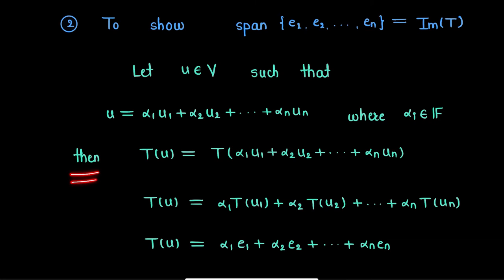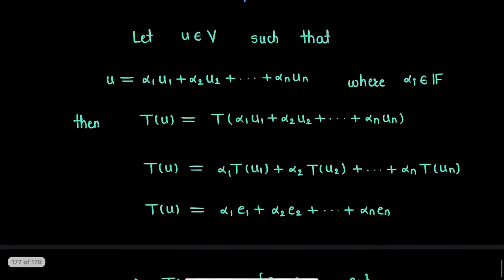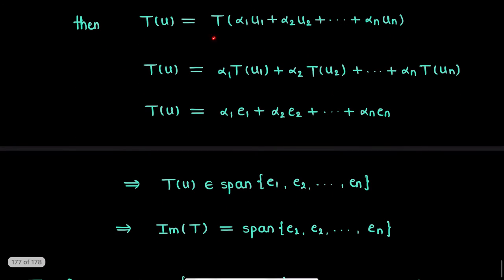Then we have T of u is equal to T of alpha 1 u1 plus alpha 2 u2 plus and so on plus alpha n un. Again using the property of homomorphism, we can write this as T of u is equal to alpha 1 T of u1 plus alpha 2 T of u2 plus and so on plus alpha n T of un. Again we can write this as T of u is equal to alpha 1 e1 plus alpha 2 e2 plus and so on plus alpha n en.